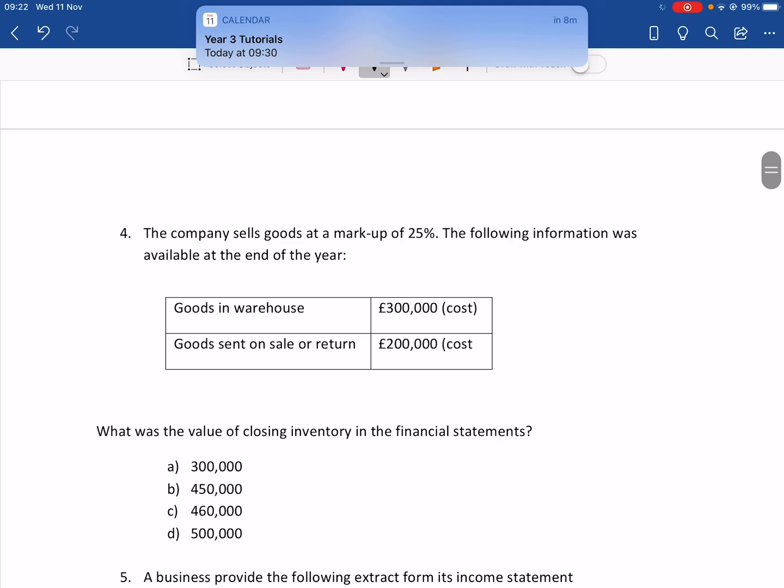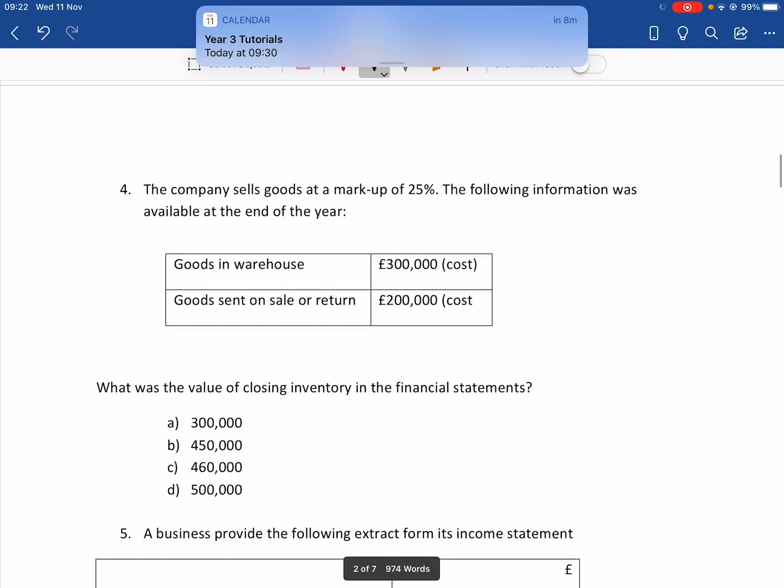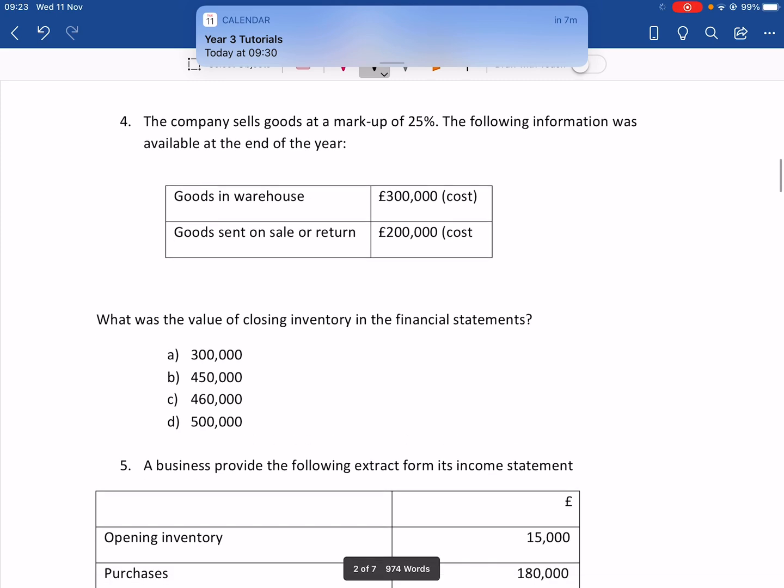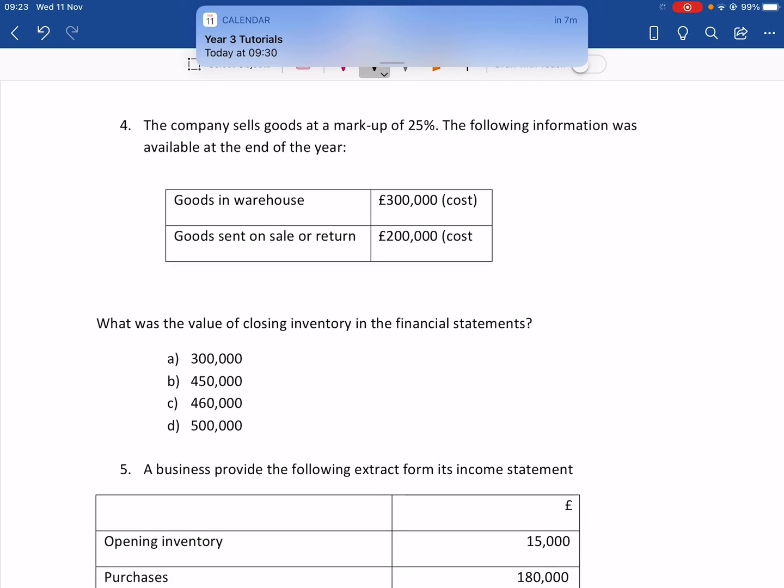This is a bit of a daft question, but I didn't write this one, so I'll just explain it to you. This one is said the company sells goods at a markup of 25%. The following information was available at the year end. It's not really a calculation, this one, but I'll explain what we mean by markup. It isn't particularly relevant to this question as such, but markup is where we're saying 25% on cost.